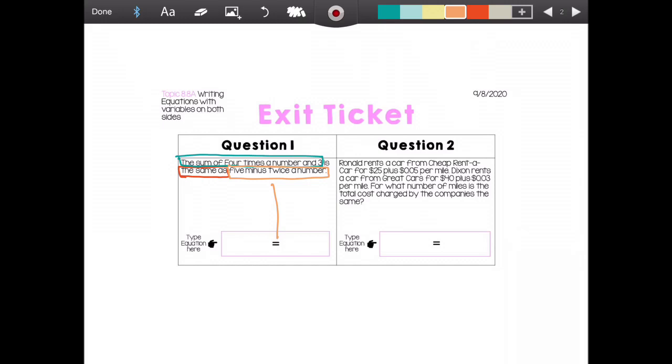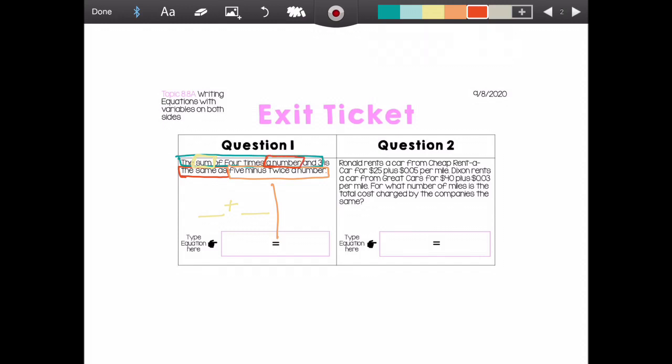So the sum of 4 times a number and 3. Right off the bat, one of the vocabulary terms that I notice is sum, and I know that means I'm going to be adding two things together. I just need to figure out those two things. The next part says 4 times a number. Now, this is not a specific number. It doesn't tell me what exact number this is.